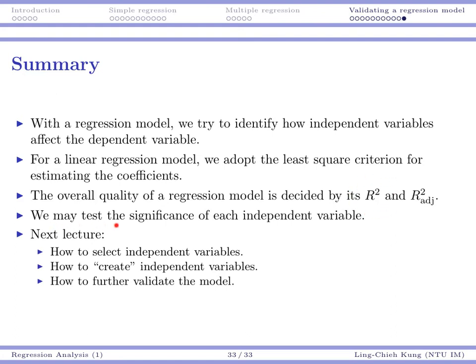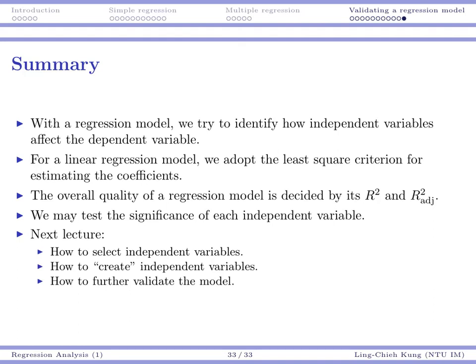We can also test the significance of each independent variable. Even if they have a positive or negative coefficient in the regression model we have, that may simply be some error from the sampling, right? So we need to test whether that coefficient is really not zero, and those p-values are going to give us an answer.